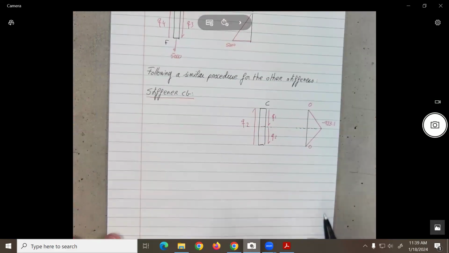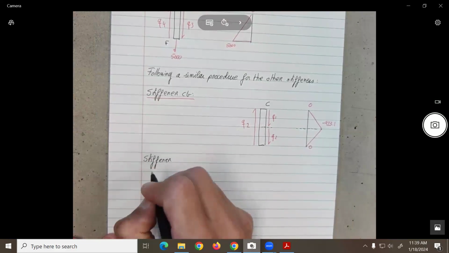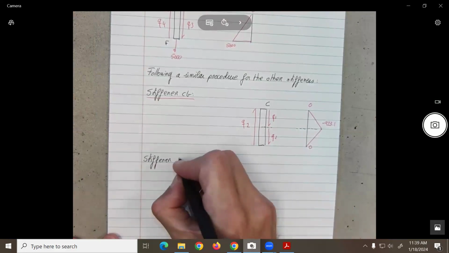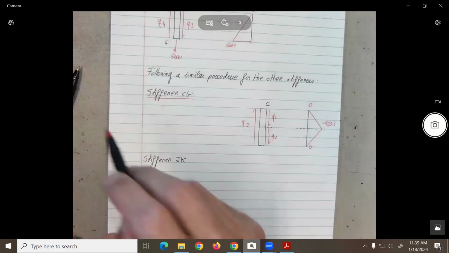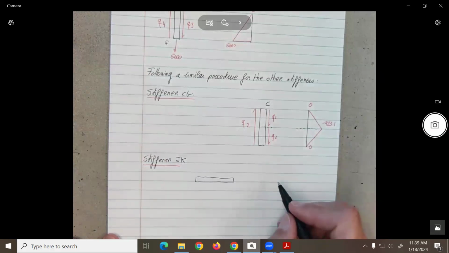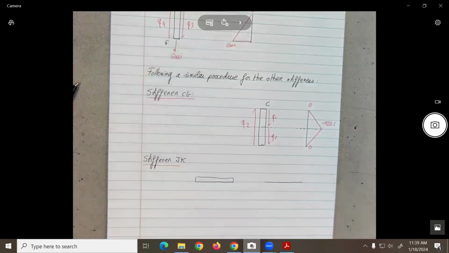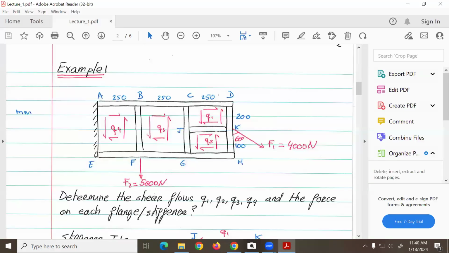And I think the last stiffener will be stiffener JK, which is the one that is horizontal. So that one, what do we have for this one? We have Q1 going to the left. Q2 going to the right.